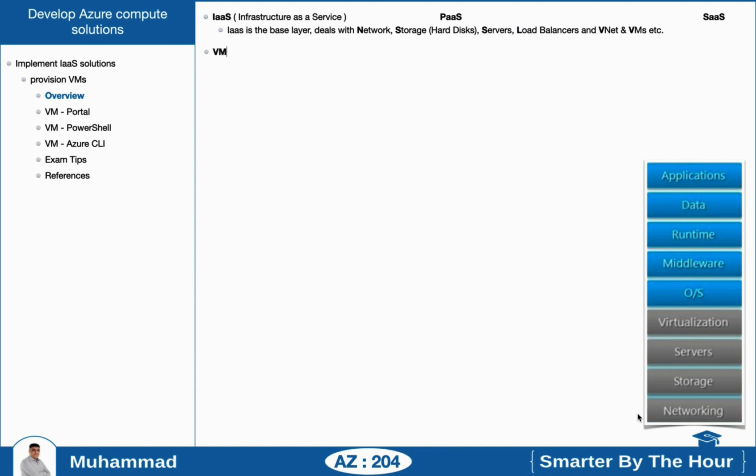A VM, or Azure Virtual Machine, is one of the several types of on-demand and scalable computing resources that Azure offers. An Azure Virtual Machine gives you the flexibility of virtualization without having to buy and maintain the physical hardware that runs it.